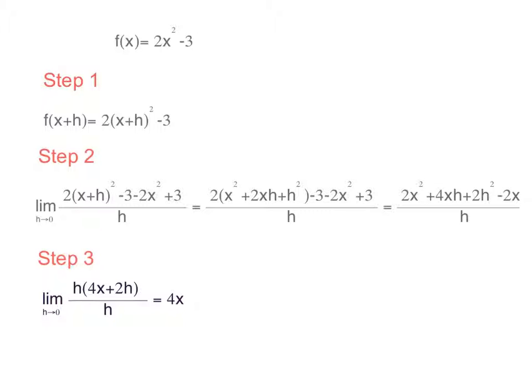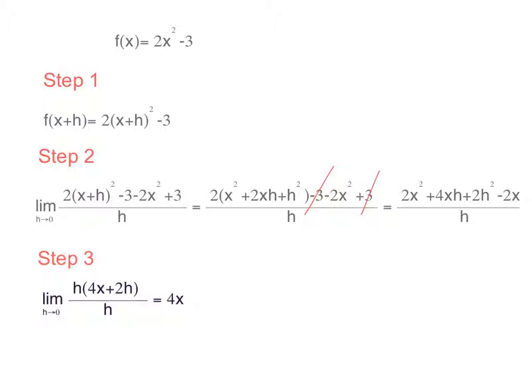We develop the square, so we get x squared plus 2xh plus h squared, and then we multiply by 2. Then we get 2x squared plus 4xh plus 2h squared minus 2x squared, because we eliminate these two numbers. So we got this function.